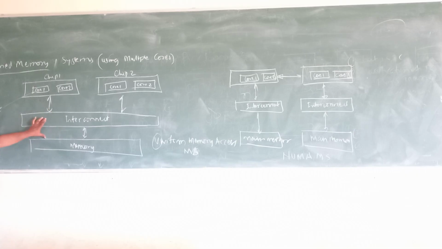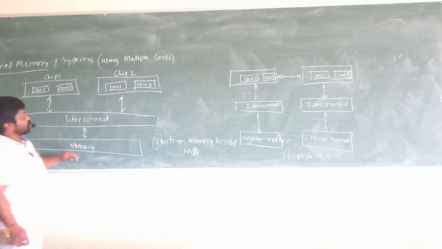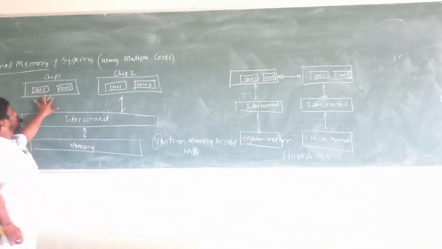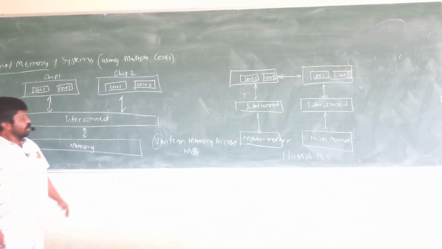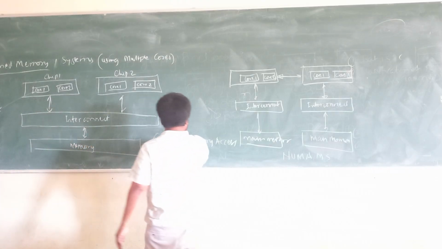This one we call the uniform memory access multi-core systems, because we are using more than one core on a single chip, and we access the memory locations through the interconnect. Each core has its own cache, which cannot be shared to another core. Why is the name uniform memory access?